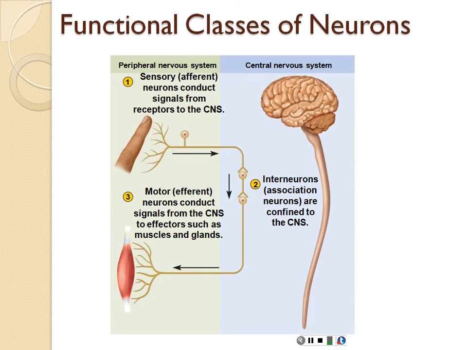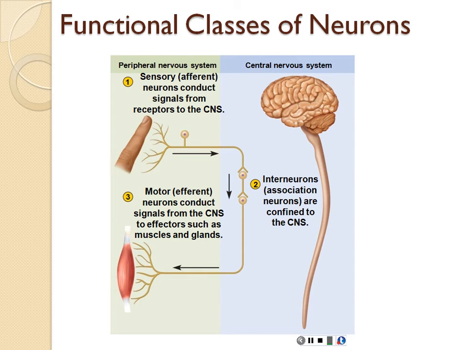If you look at this picture, how many neurons do you see? This is one neuron, and you can see that synapse. Then you have a second neuron, and then another synapse, and a third neuron. By the headings here, you can see the left is green, the right side is blue. The green side represents the PNS, the peripheral nervous system.